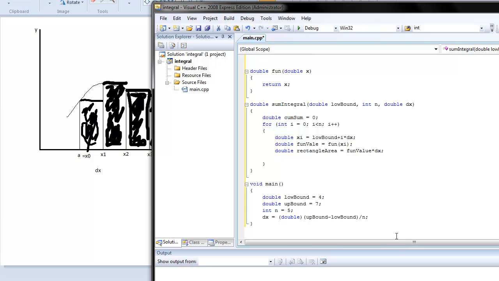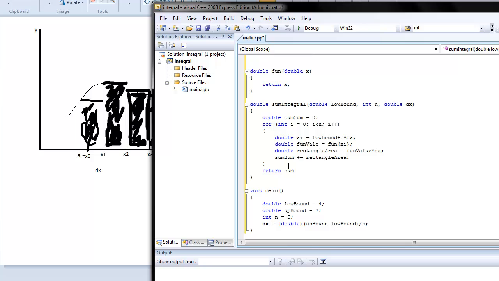So cum sum plus equal to rectangle area. Okay, and we're gonna return it. So that should be it.